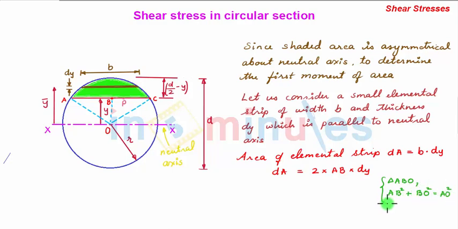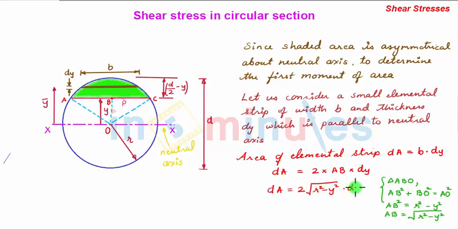So we have AB square is equal to AO square, which is nothing but R square, radius of the cross section, minus BO square, which is nothing but y square. So AB is equal to square root of R square minus y square. So upon substituting this value in this equation, we have dA is equal to 2 times square root of R square minus y square multiplied by dy.